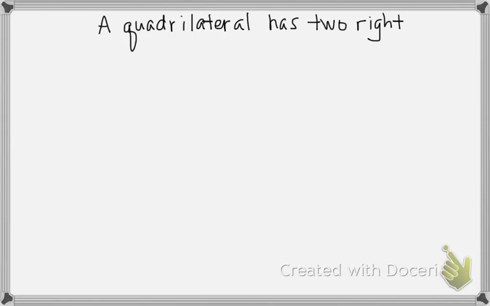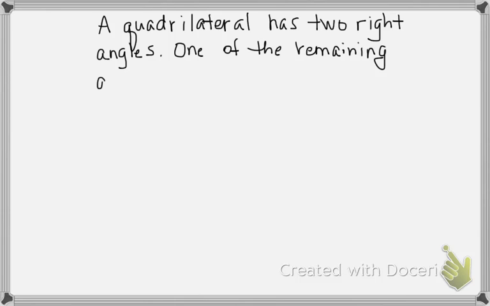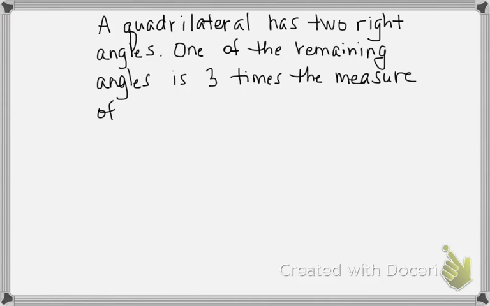So let's say that a quadrilateral has two right angles, one of the remaining angles is 3 times the measure of the last angle.